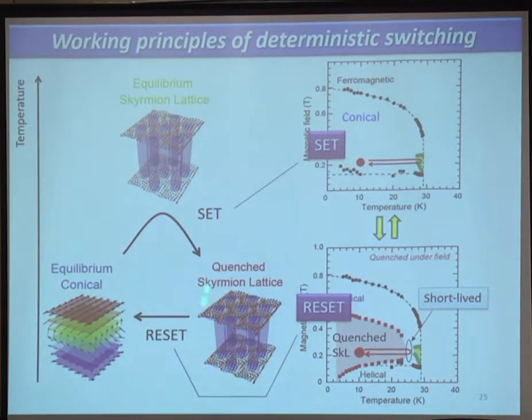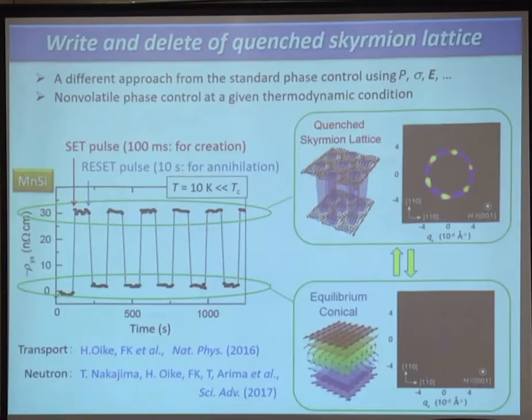Then, starting from the quenched Skyrmion lattice, if we apply a relatively long and relatively weak electric pulse, the sample temperature is heated up to an intermediate temperature. In this temperature range, the quenched spin configuration can easily relax into a more stable spin configuration, that is, the conical state. So this is the working principle.